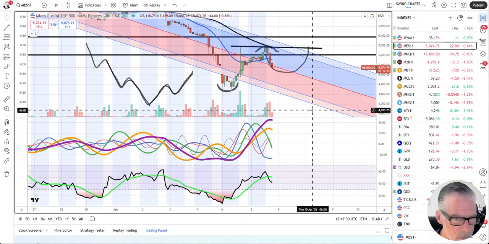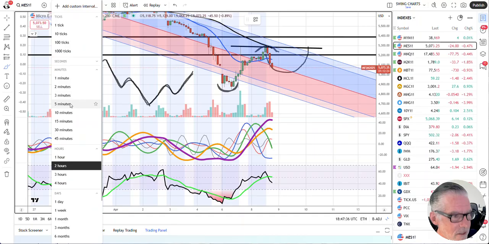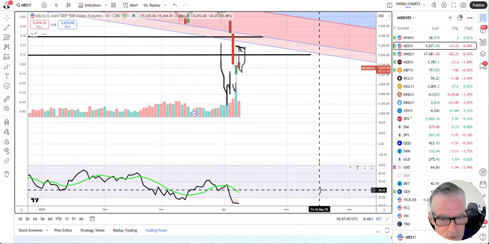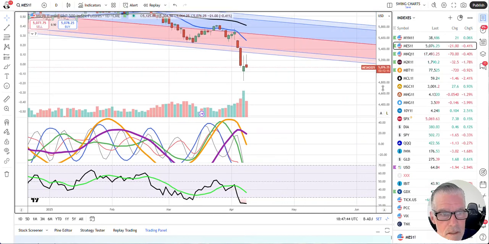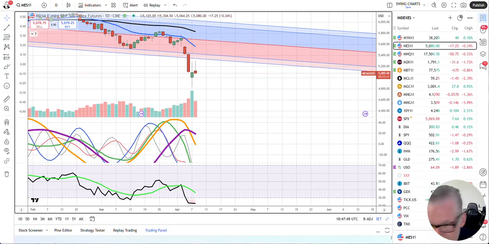However, let me go back to the daily chart here, because I'll tell you what my map is for the next few weeks. Let's get rid of all these lines. So we still have an hour plus of trading.